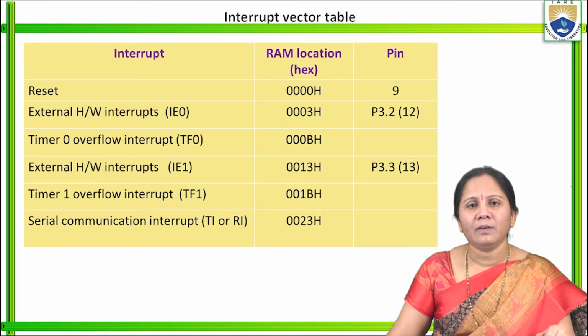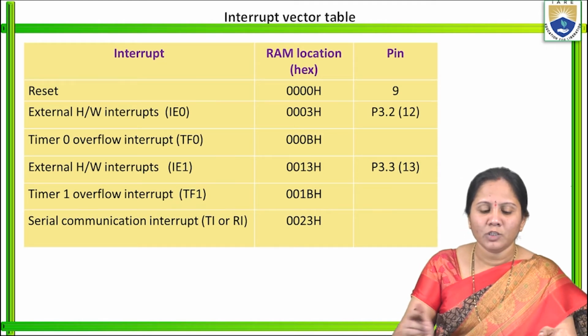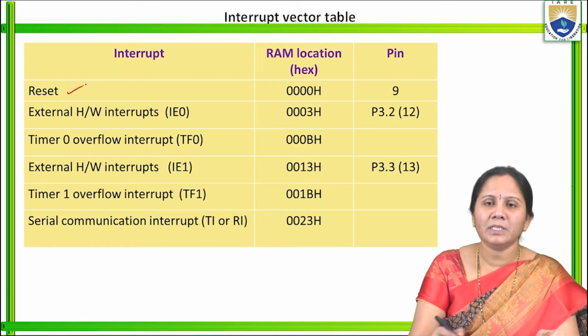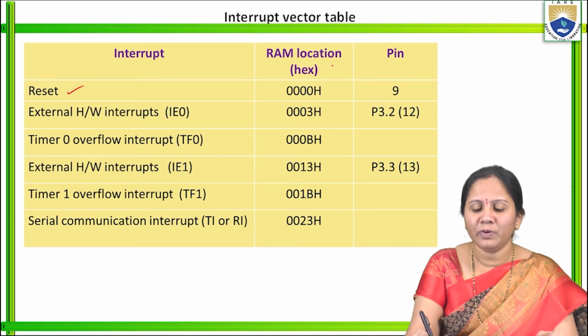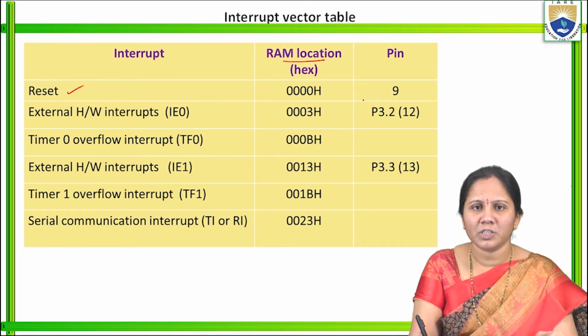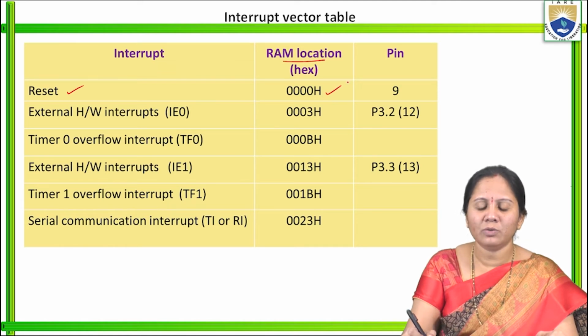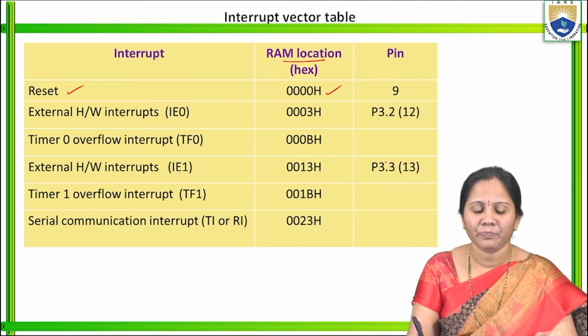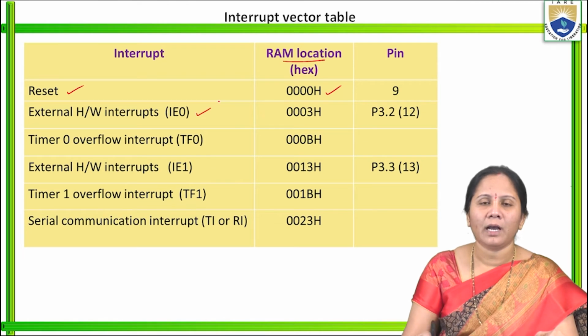Now, as we have studied, these 6 interrupts have their fixed addresses in the internal memory. If you see here, the first interrupt is reset. It has a fixed address in the RAM location, which is 0000H. Another interrupt is IE0.